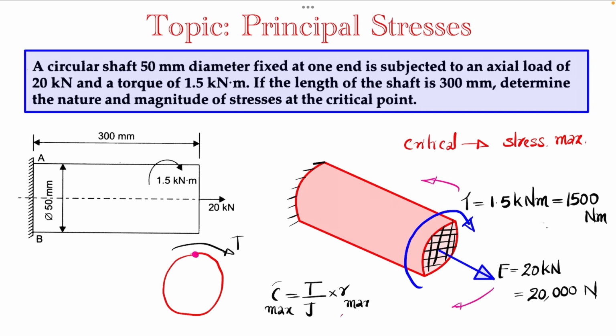R is a variable measured from the center, so the radial variable will be maximum at this position, corresponding to the capital R or the diameter by 2. And at this point, the maximum shear stress will be in this direction.